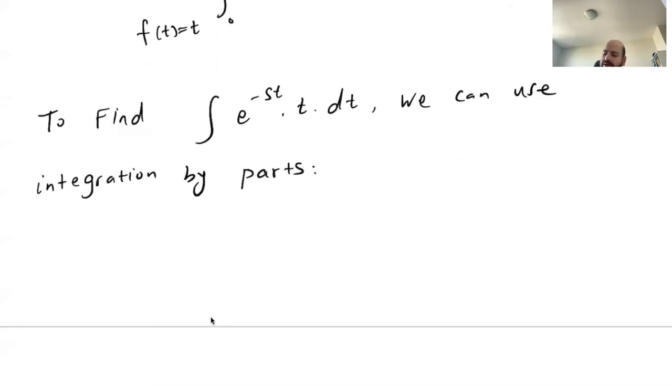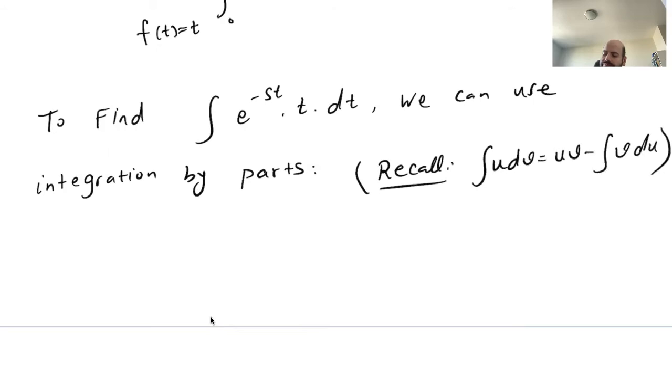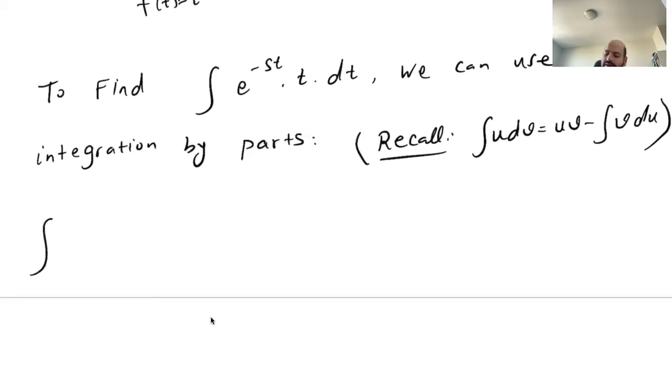So remember, integration by parts could be written as, let's say, integral u dv equals uv minus integral v du. So here we have the integral of t e to the power minus st dt.